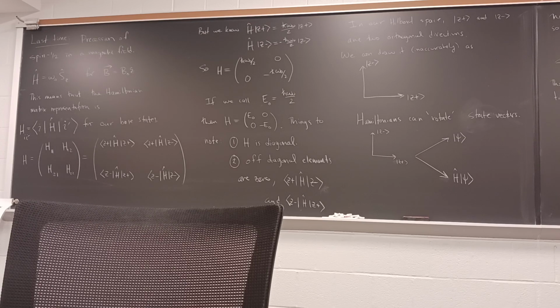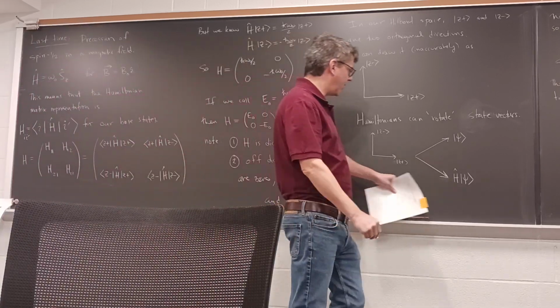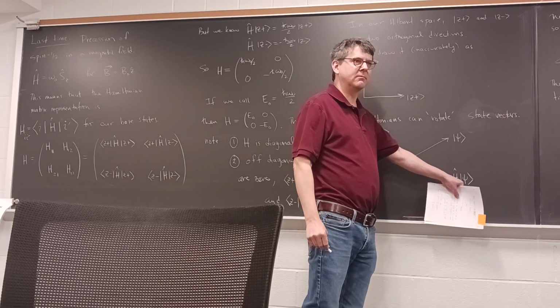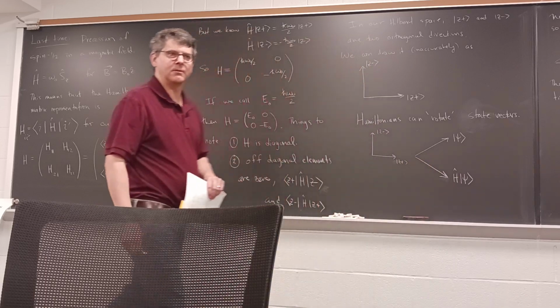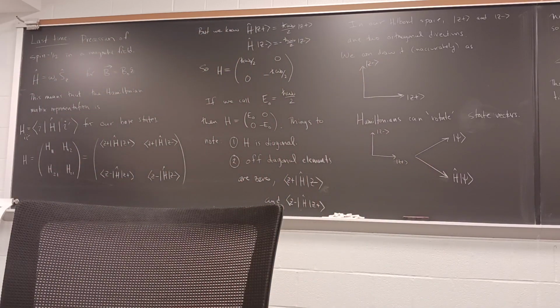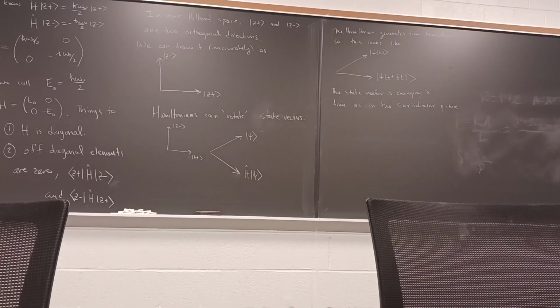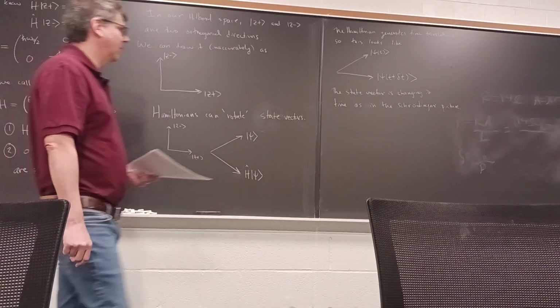No, that's the frequency of rotation, of precession in a magnetic field. And so would that just be adding t to it? Well, I'm not being specific. I'm just saying that if I operate with H on my state vector, I can get a rotation. I'm being more general now.